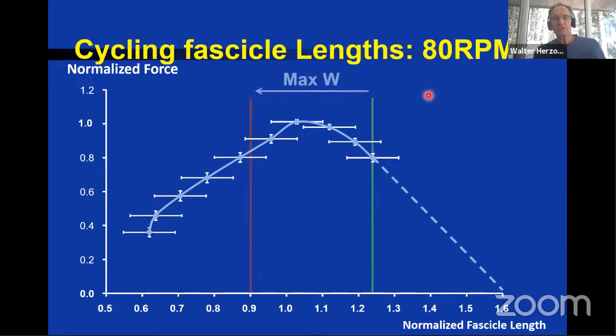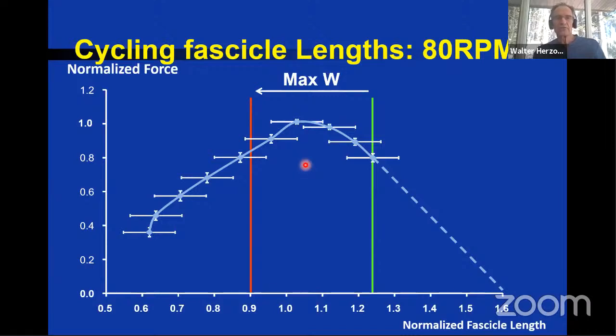And what we found was this: at the beginning of the power phase, the fascicle length on average was here at about 1.25 of the normalized optimal fascicle length. And then it shortened to the end of the power cycle in cycling. And then we were at a length of about 0.9 of the fascicle length. And as you can see, this very nicely captures the peak area of where the muscles are strongest.